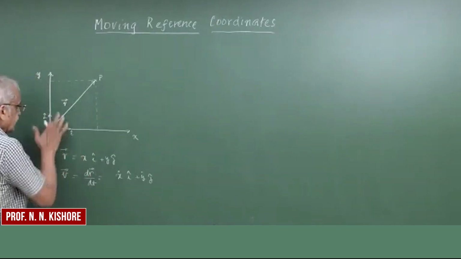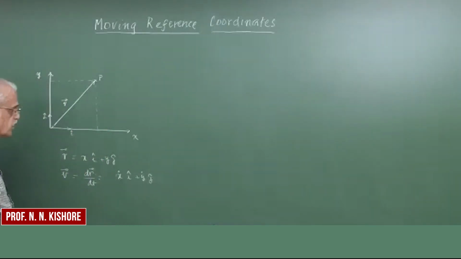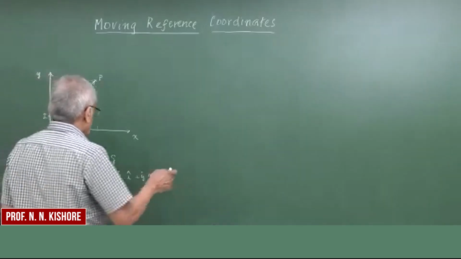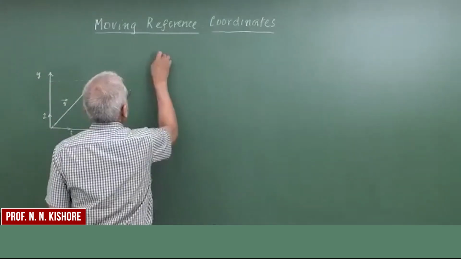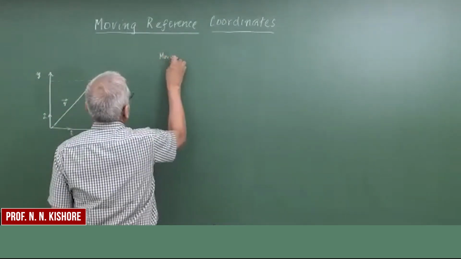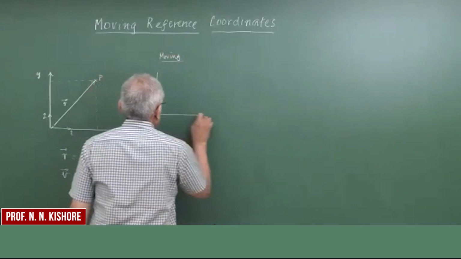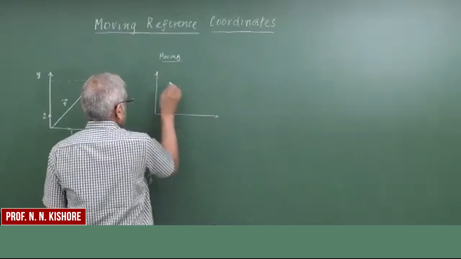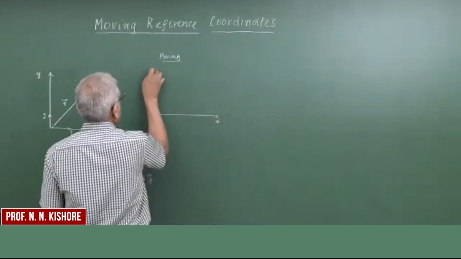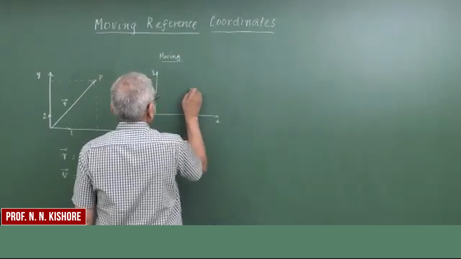So to start with, this is a fixed one, which is what we know here. And when we talk about moving, we mean moving with respect to this one fixed frame.